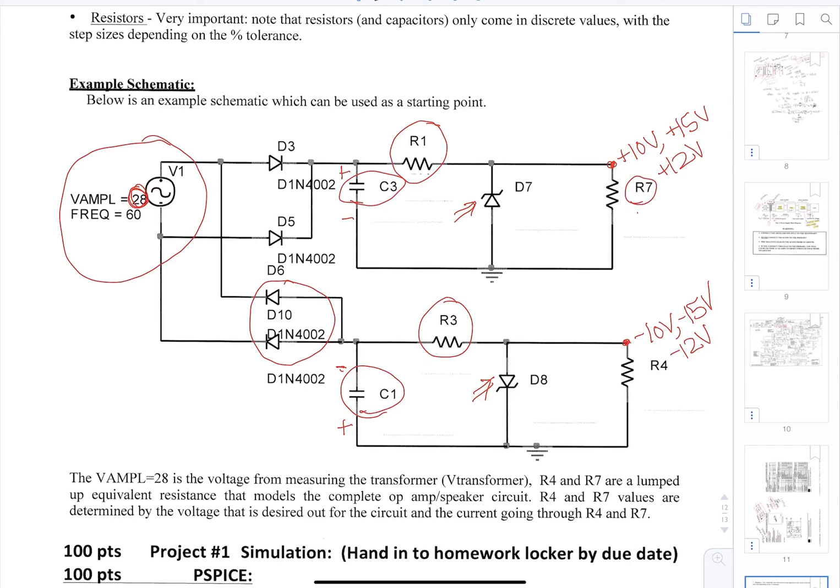So this is your RL, and that's going to be based on what current you measure from your circuit. So if you need 100 milliamps, and you're using 10 volts, you'll take 10 over 100 milliamps as the value for this RL.